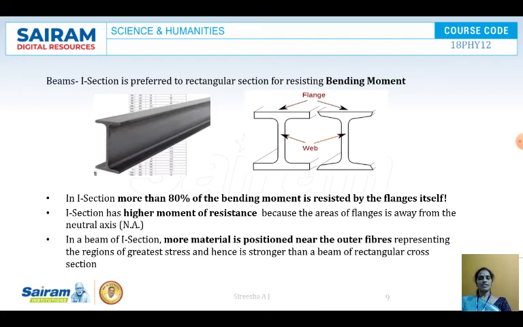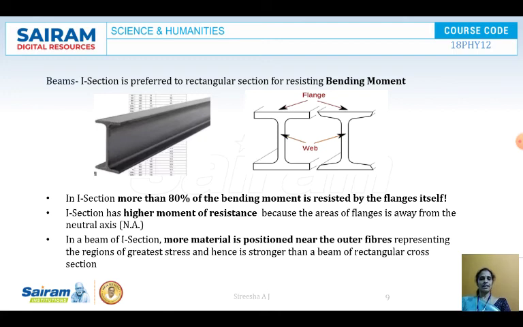In a beam of I section, more material is positioned near the outer fibers, representing the regions of greater stress, and hence it is stronger than a beam of rectangular cross section. So I-beams are used here.